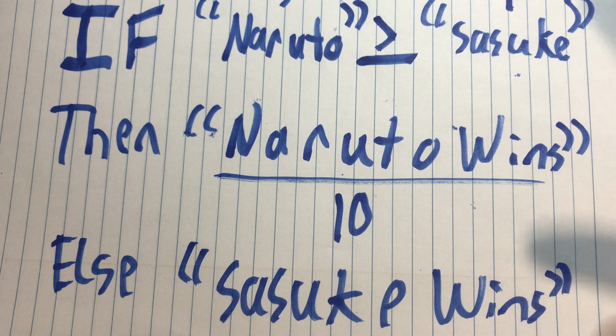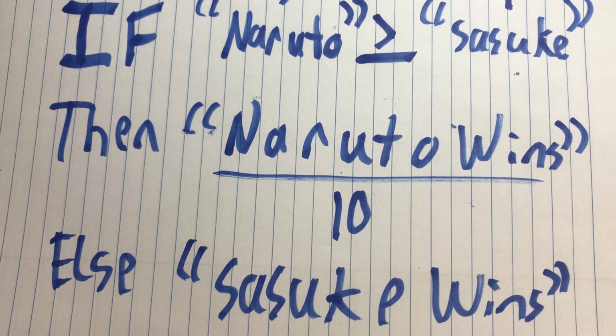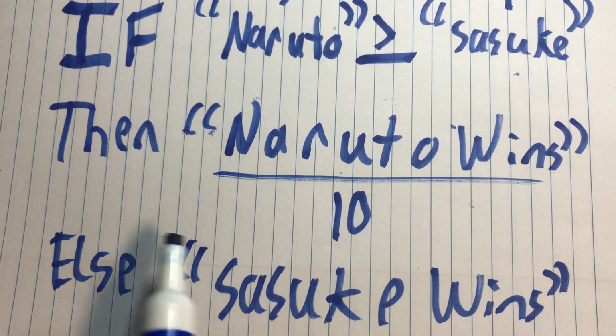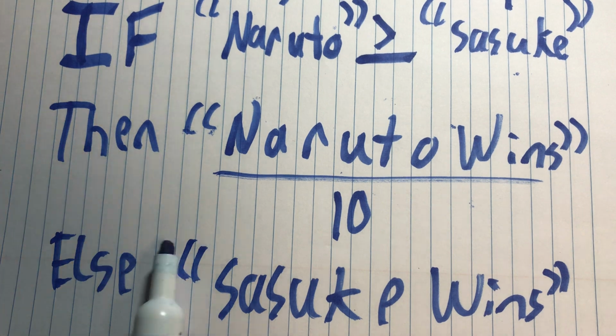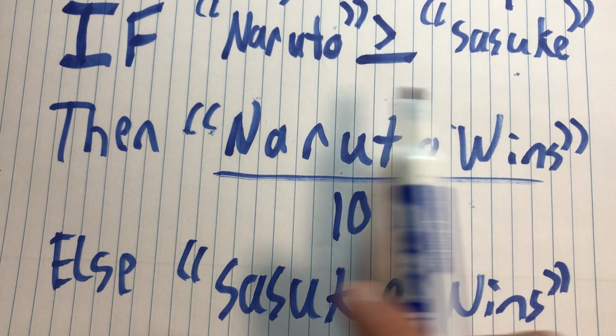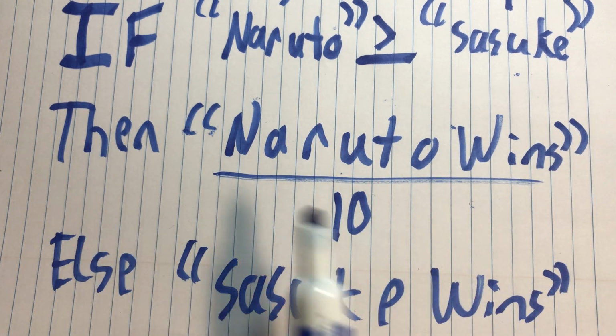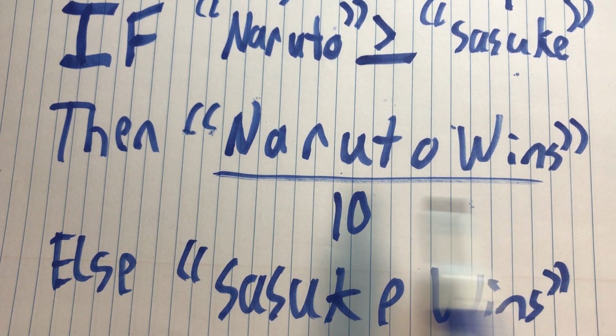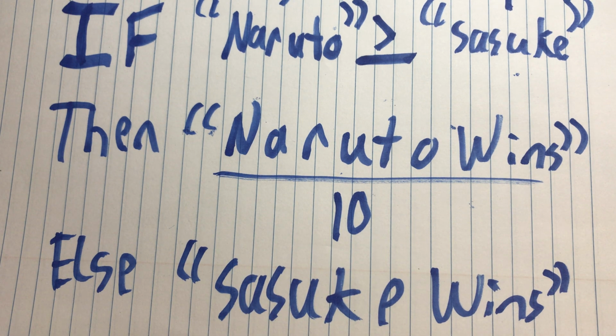This is a pretty good representation of how an if-then statement works. If you added in a print command before this else, like a print right here, then you could say print this, or you could say print this, and then it would give you this or this in your terminal menu, whatever you decided to use.